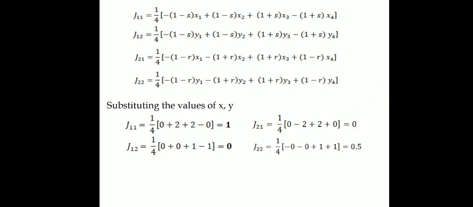These are found using these four formulas, and the final matrix will be of the form 1, 0, 0, 0.5, and the determinant can be found as 1 into 0.5 minus 0, which is 0.5.